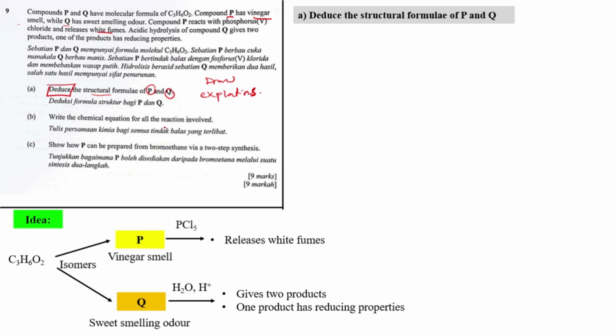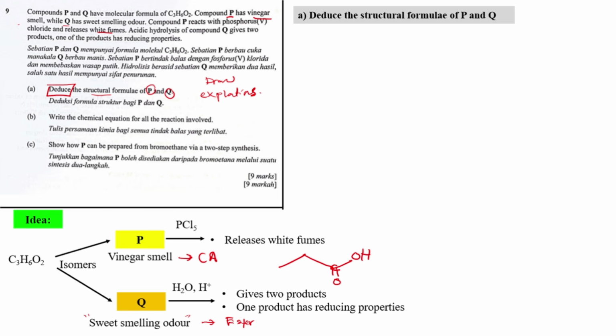So from here, you know that your compound P, which has a vinegar smell, is basically a carboxylic acid. Meanwhile, the sweet smelling odor is a property of an ester. Okay, so you have 3 carbons. So the most logical structure for the carboxylic acid P is 1, 2, 3 carbons, and then you're going to have double bond O, OH.